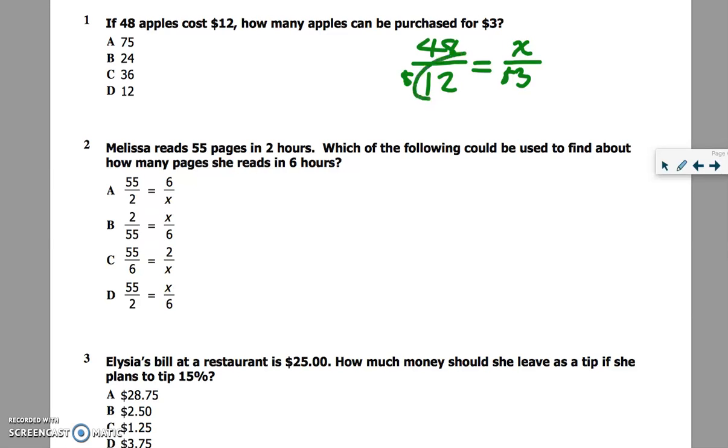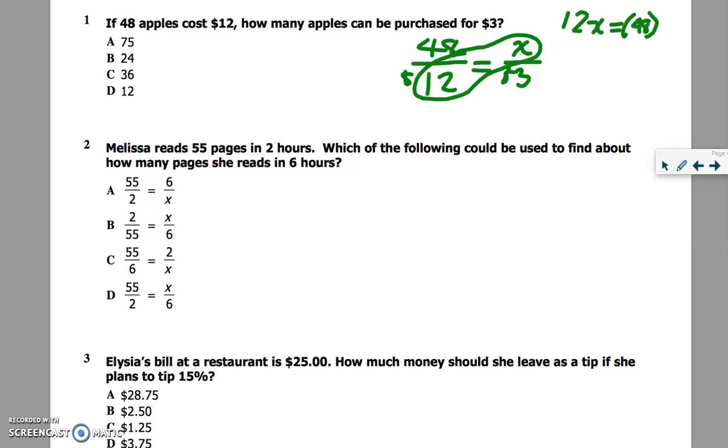Next, we cross multiply, and I'm going to end up with an equation of 12 times X. These cross products must be equal to each other in order for this to be proportionate.